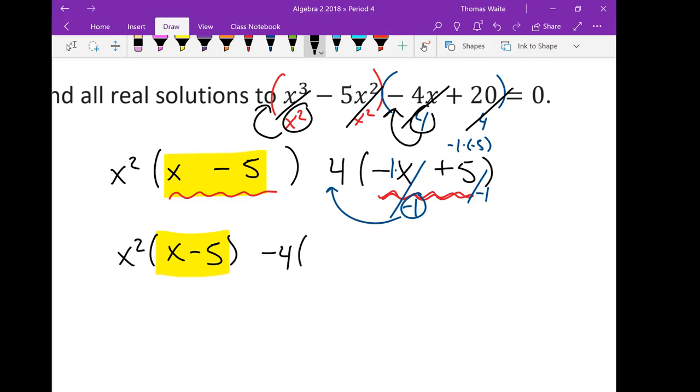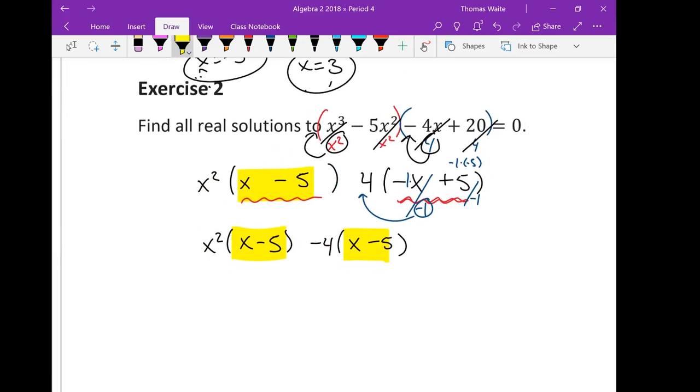And then a negative 1x divided by a negative 1 is a positive x. Good, so that's the same as the first. And then a positive 5 divided by negative 1 gives us a negative 5. So we initially tried 4 as our second one, but then we realized it gave us the wrong sign. So we wanted to fix the sign, so instead we pulled out a negative 1, and then we ended up with the same group. Great.